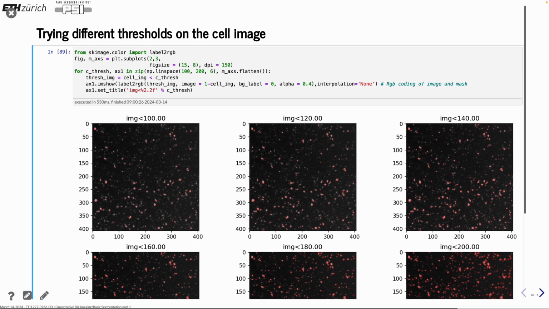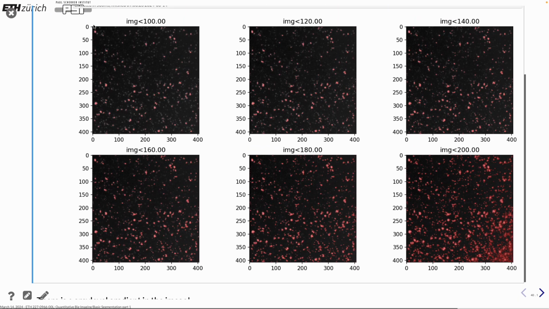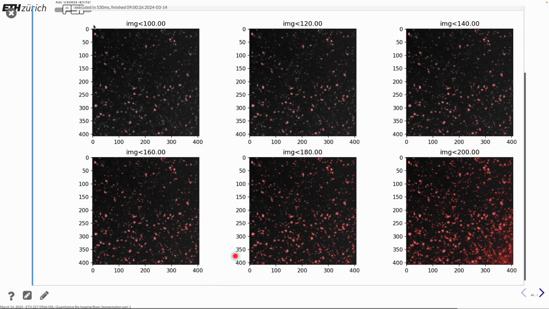And if we now try different thresholds, so here I have thresholds from 100 up to 200, the effect you can see is that you get pretty many of these cell dots, but you can also see that they are growing on one side, and some are getting more around this corner.